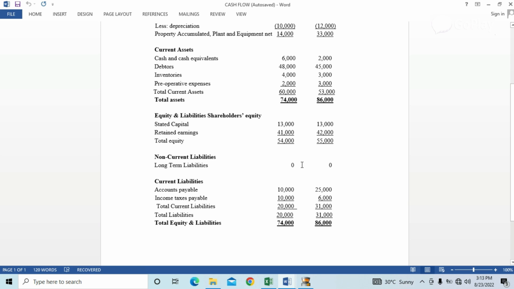So the organization hasn't taken any loan.